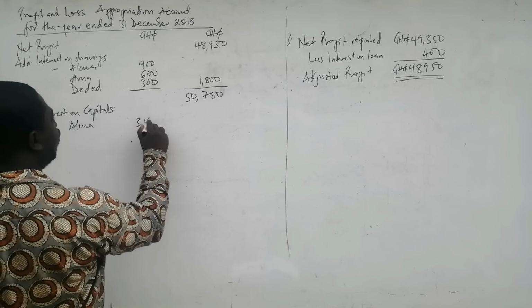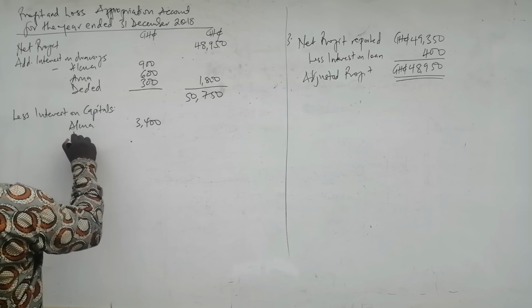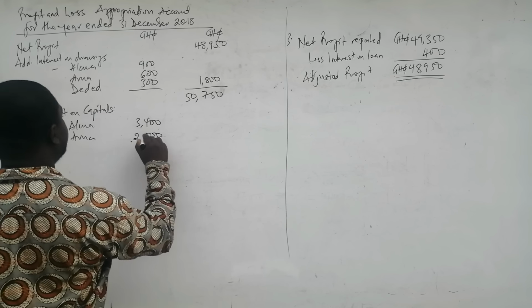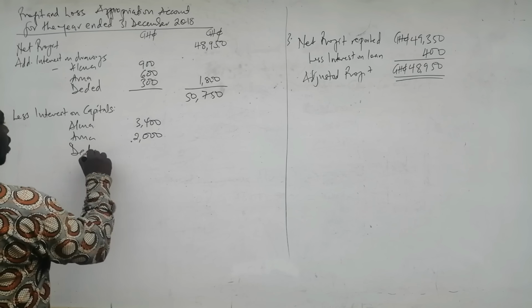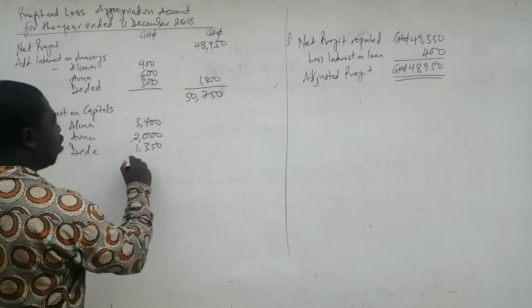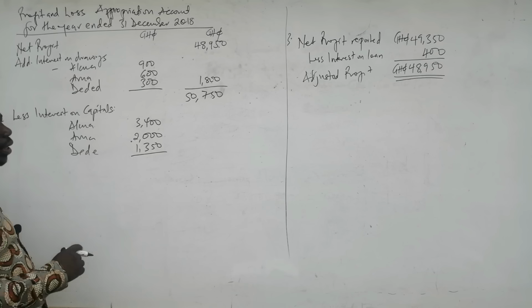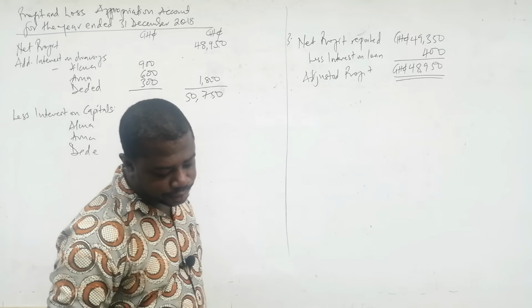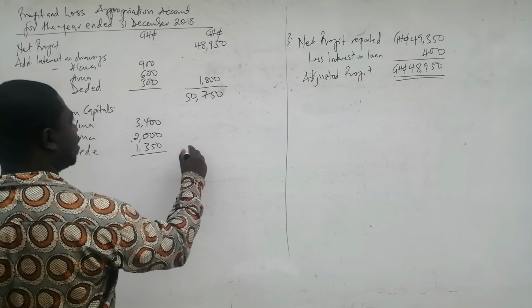So 3,400, and that of Ama was 2,000 Ghana cedis, and that for Dede was 1,350. And so when we add up these three, it will give us the total interest on capitals. It's 6,750.